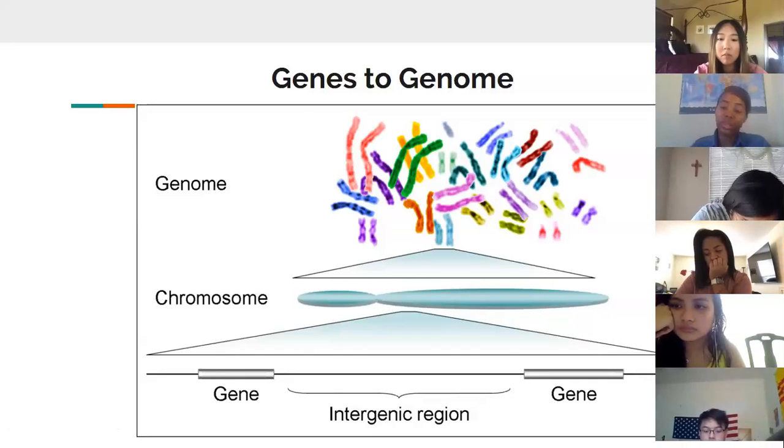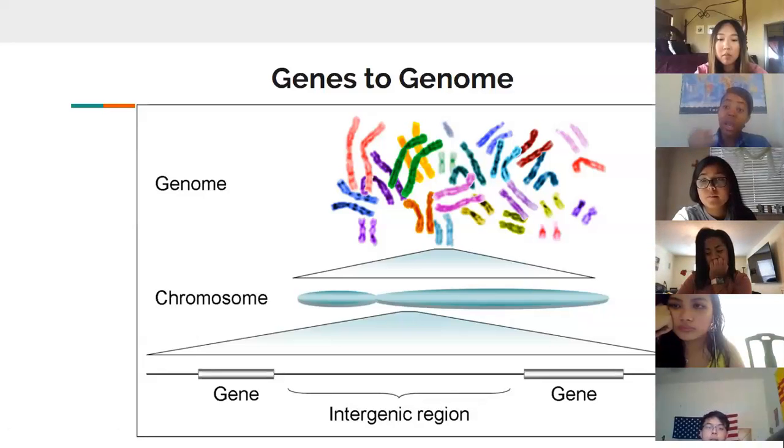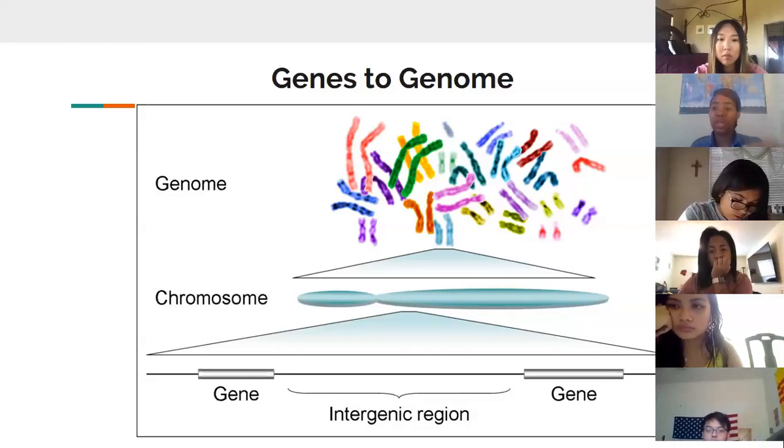For any given gene that you look at in the human genome, there are certain coordinates. The coordinates are helpful because that tells you exactly what chromosome and what position on that chromosome it's located.